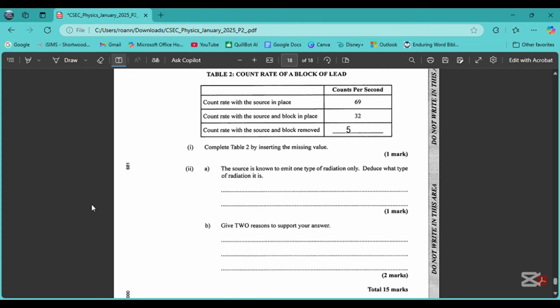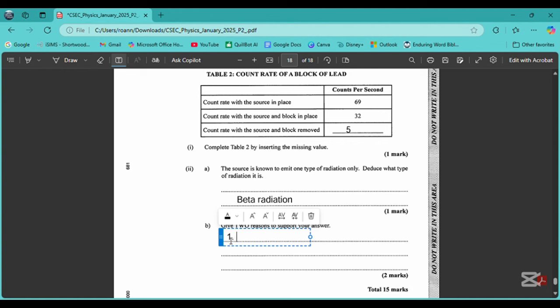So it says, the source is known to emit one type of radiation only. Deduce what type of radiation that is. Beta radiation would be the best answer, for 2 reasons. 1, the block caused a significant drop in the detected radiation. However, if it was gamma, then it would block more.